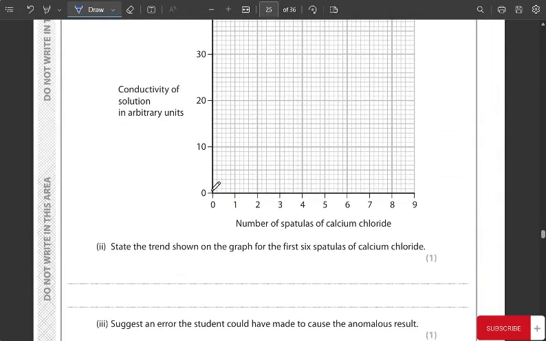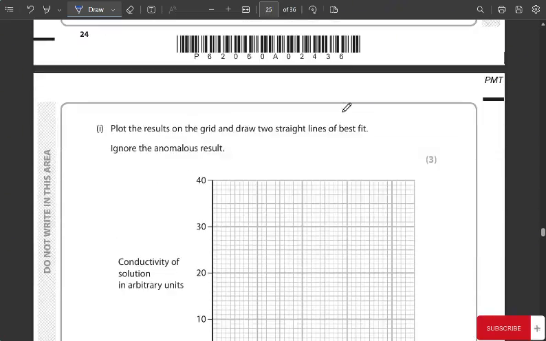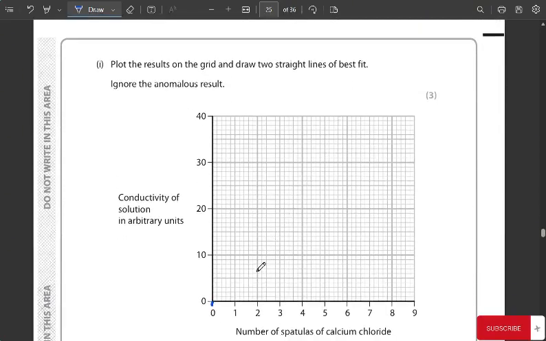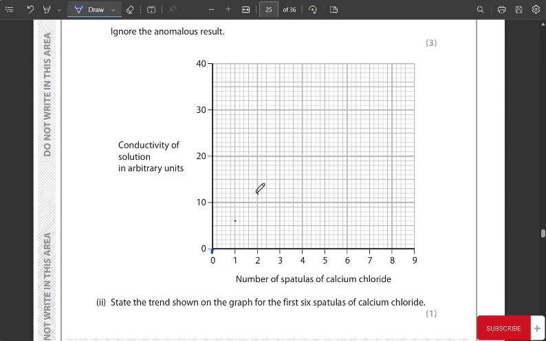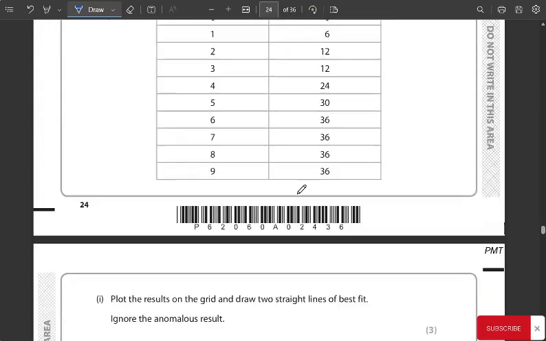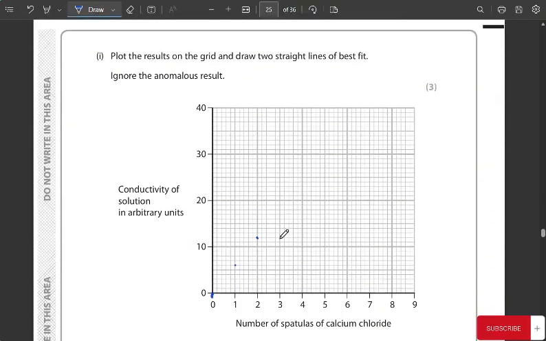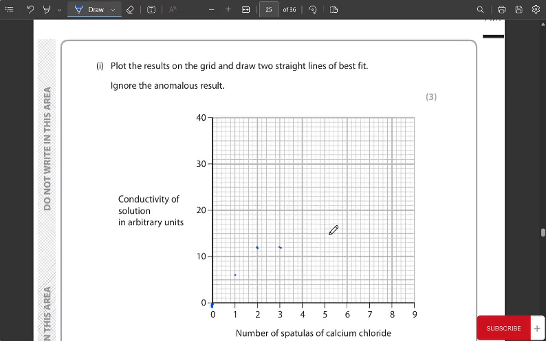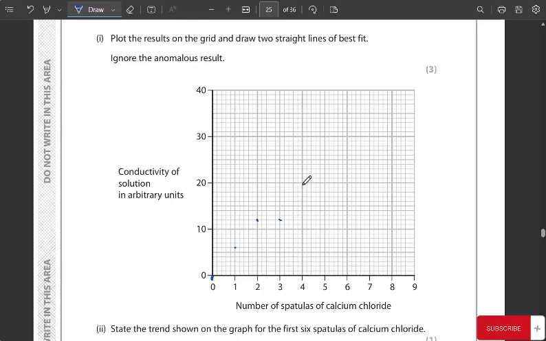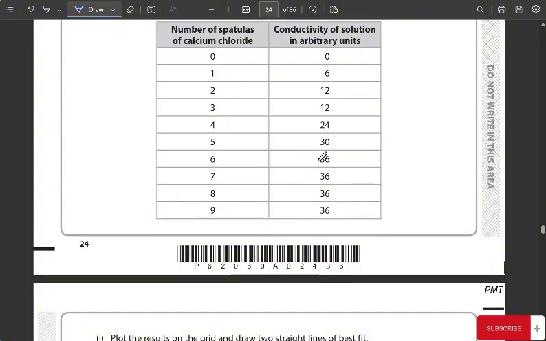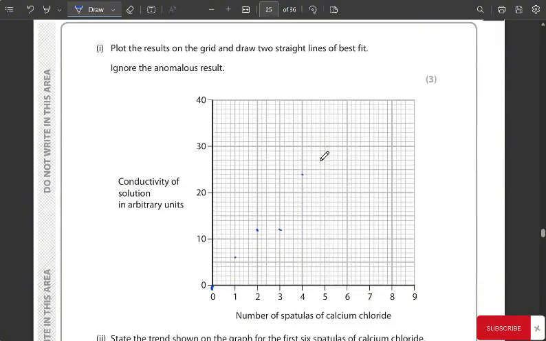0, 0 is here, the next one is 1, 6 here, and 2, 12 is here, and 3, 12. Okay, I think this one is anomalous, and the 4 is 24, and the fifth one is 30.